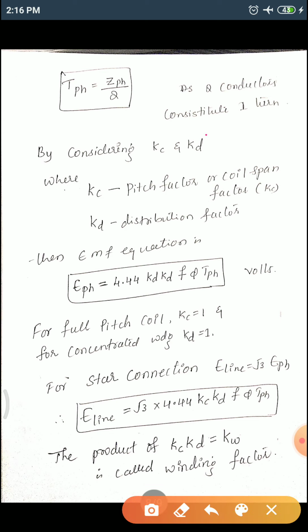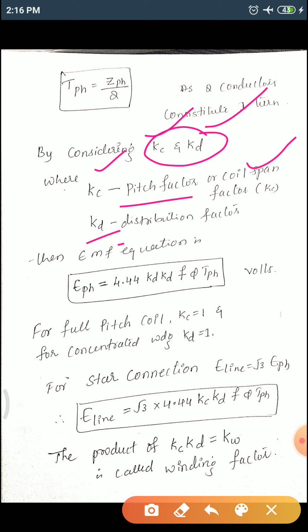Now consider K_c and K_d. Those factors also affect your induced EMF, so we have to consider these two, where K_c is the pitch factor or coil span factor, and K_d is the distribution factor.